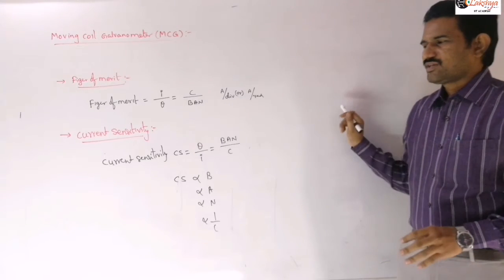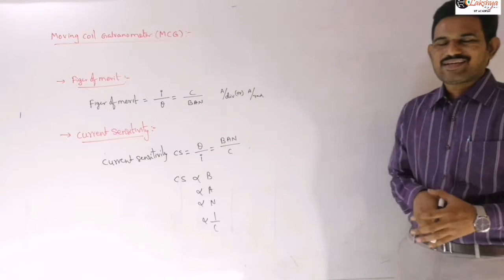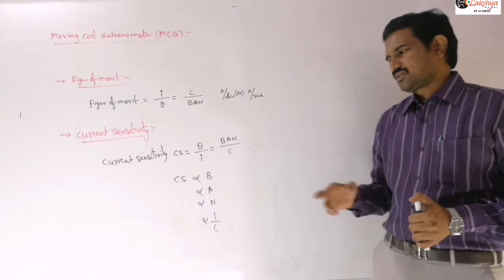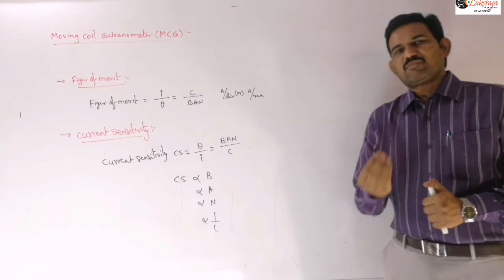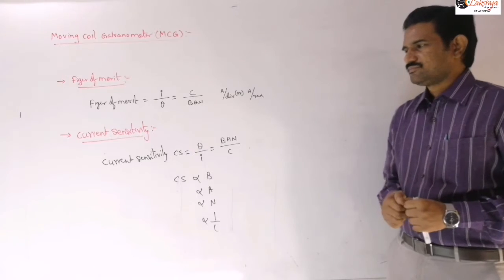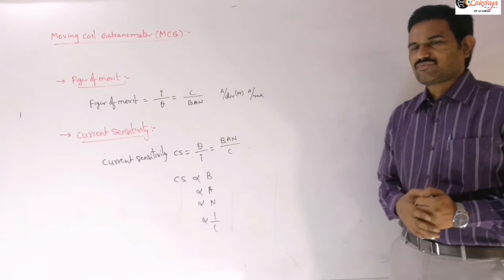Out of all these, the best way to increase the current sensitivity is by increasing the number of turns. That is the easiest and best way to increase the current sensitivity here.